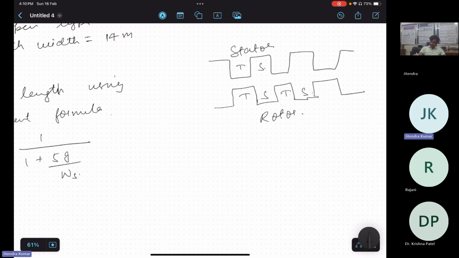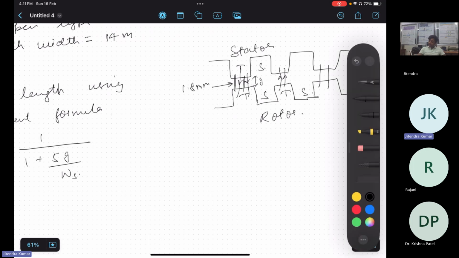So flux is supposed to flow from stator to rotor like this in north pole and in south pole the other way around. Ideally all the flux should flow from here to here. So the physically designed air gap will be this much, which is given in this problem as 1.8 mm.